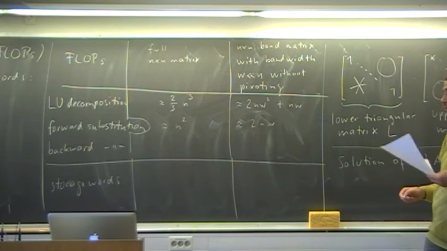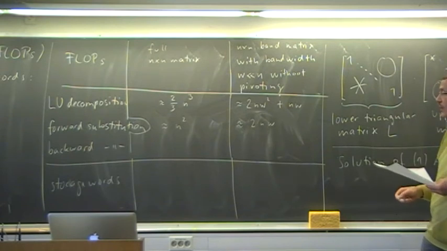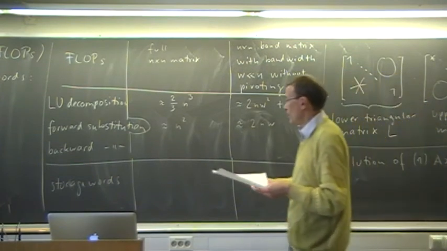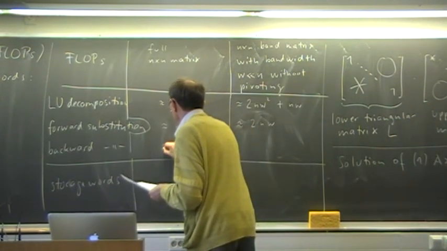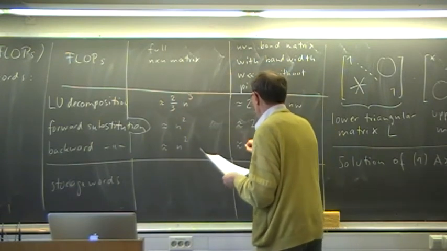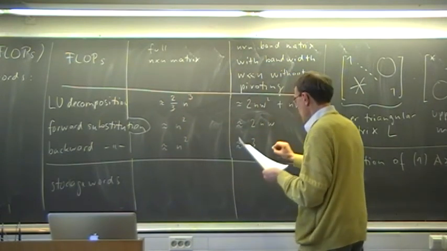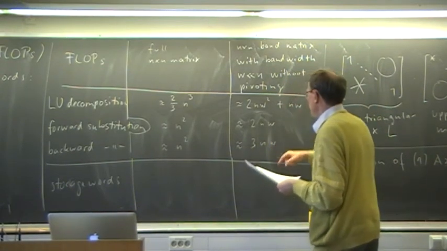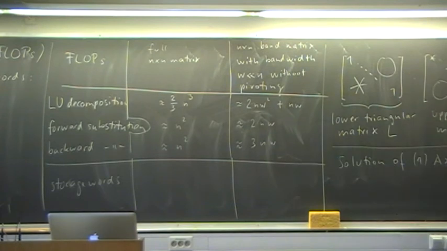Again, for the tridiagonal matrix we have 2n for W equals 1. For the backward substitution we also have approximately n squared. And for the band matrix, because of the divide by the central element of U, we have 3nW operations.